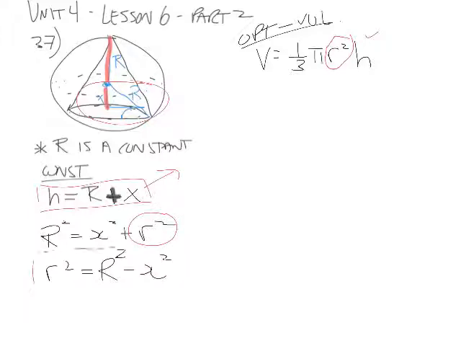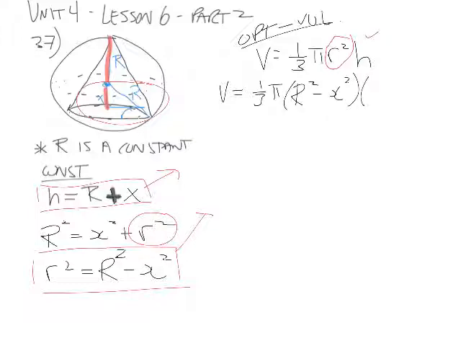So now I have that all in terms of x as well. That can go up into the volume formula, so I end up with volume equals 1/3 pi times (capital R squared minus x squared) times the height, which is R plus x.